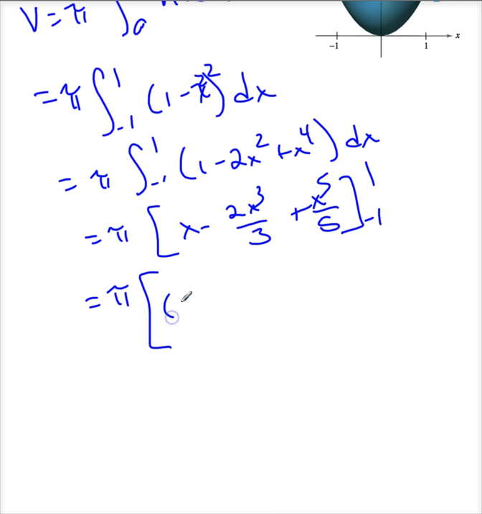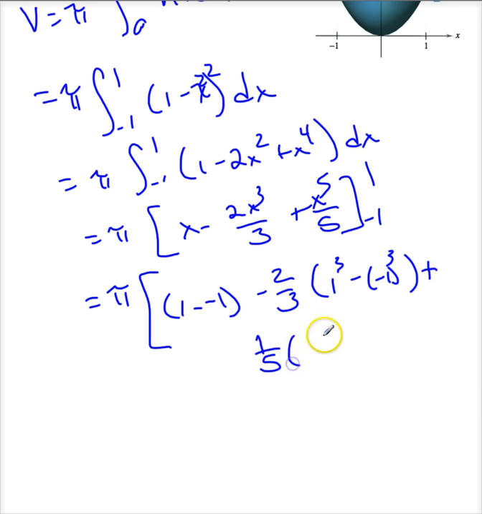So this is 1 minus -1, minus 2/3 times (1 cubed minus -1 cubed), plus 1/5 times (1 to the 5th minus -1 to the 5th). And I'm going to wind up with 16 pi over 15.